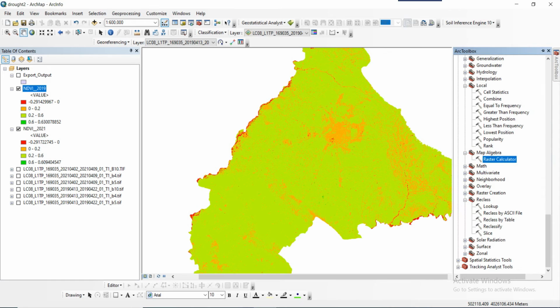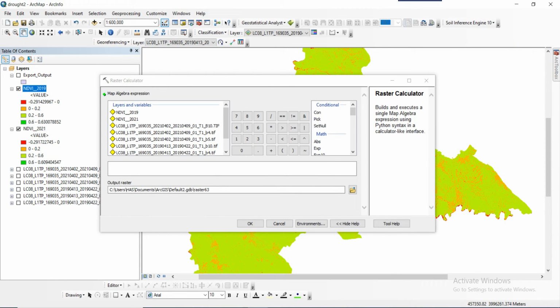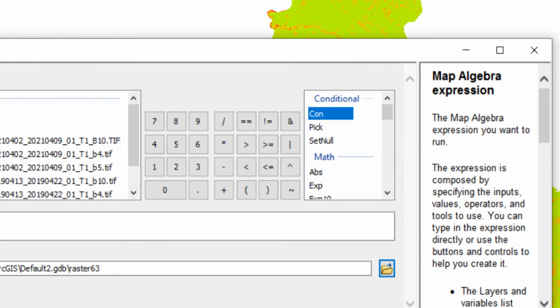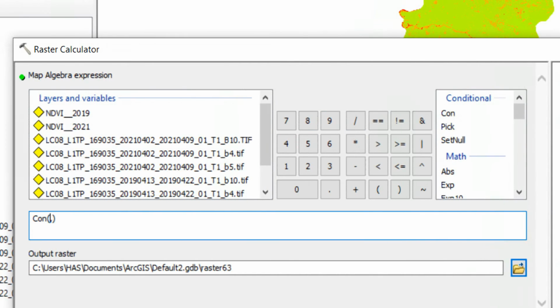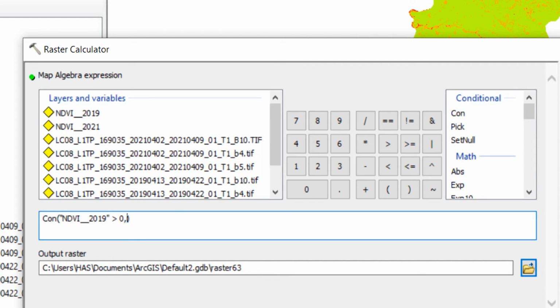For this purpose, we have to go to the same place, Raster Calculator, and we're going to use the Con conditional function, the first one. We have the NDVI for 2019. If it's bigger than 0, then place the NDVI itself.